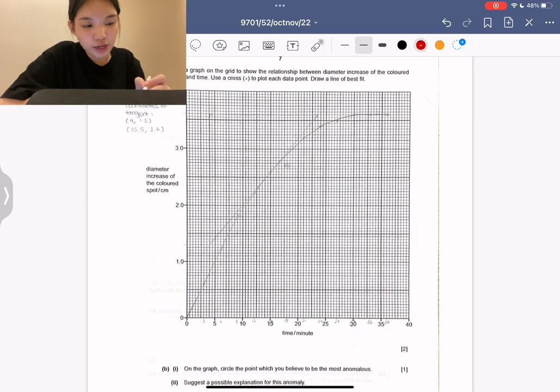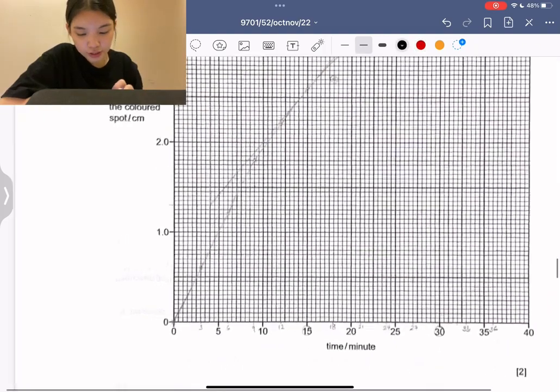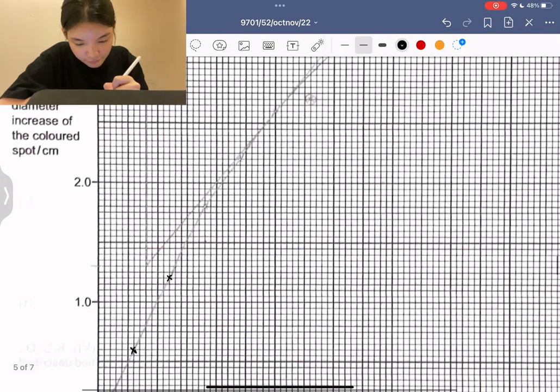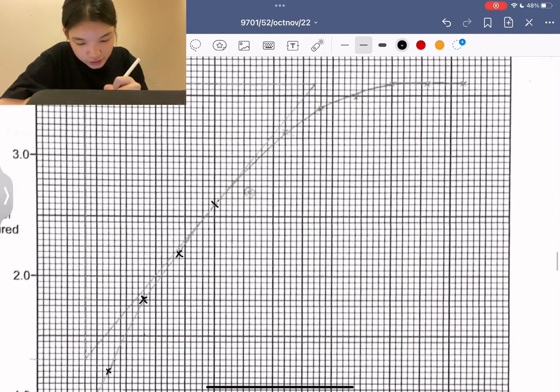Here you can't actually see it, but I've plotted it like that here, and there's this outlier that I'm going to be instructed to circle later.